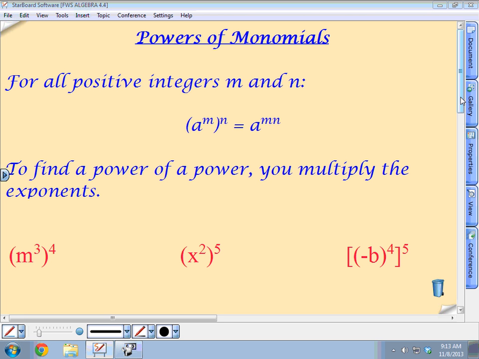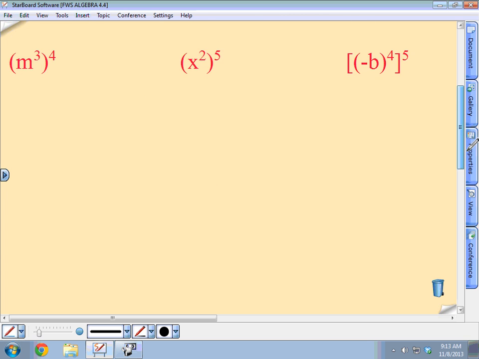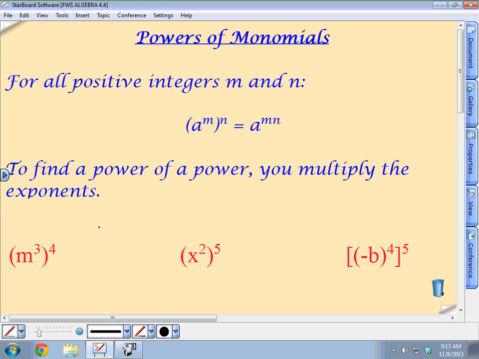So let's do some of those. Weston, what is m cubed to the fourth power? M to the seventh power.